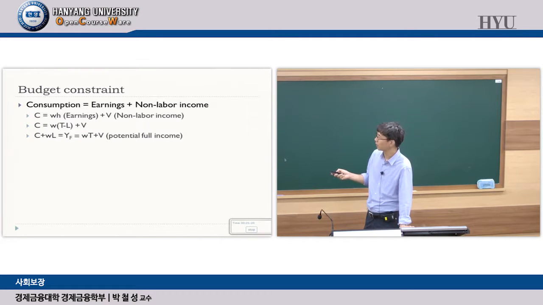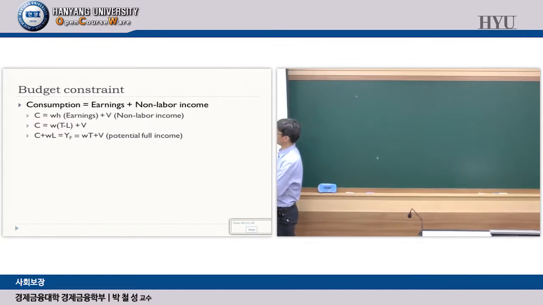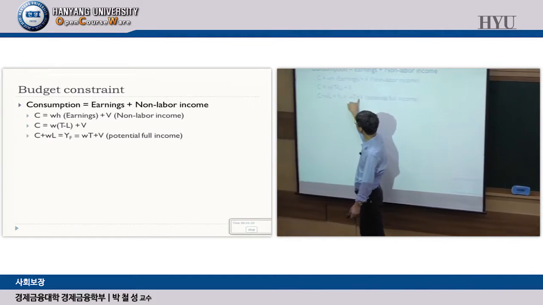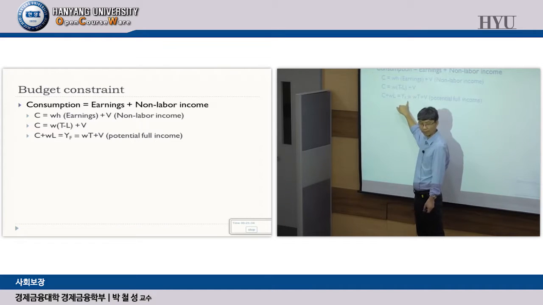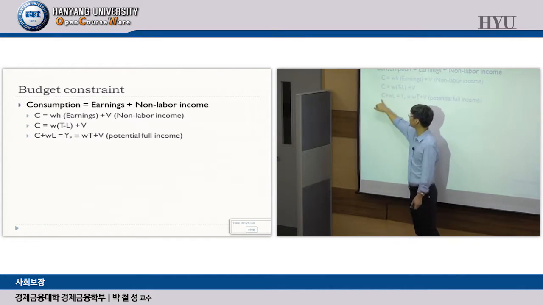So that's why we call it potential full income. Potentially this person can get up to WT plus V. And this income we just call YF. We interpret this equation this way.